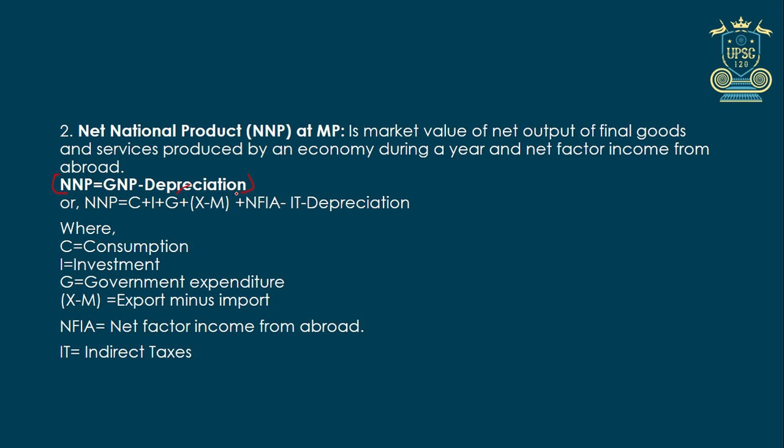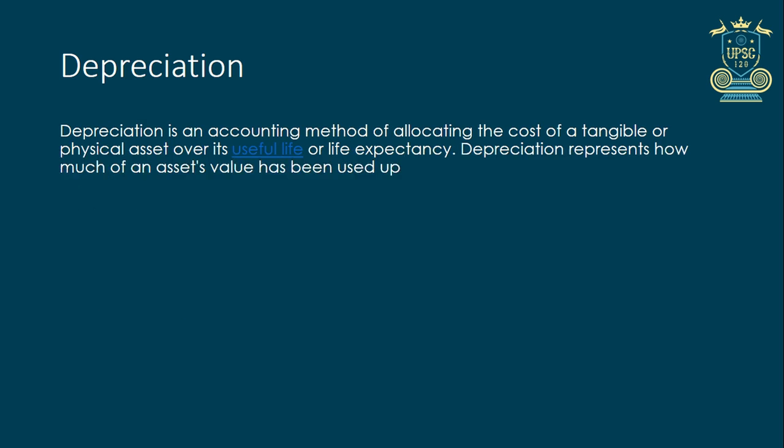Now another thing we need to know is depreciation. What is meant by depreciation? Depreciation simply represents how much of an asset's value has been used up. For example, you buy a new car, and after a few years it would have got wear and tear, some scratches, and the engine performance will come down.